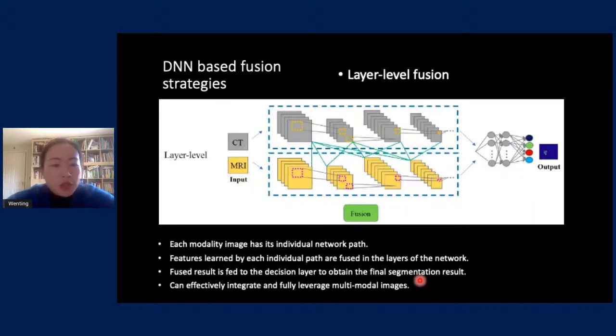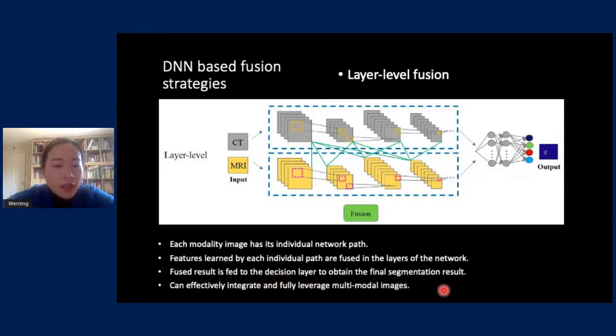Okay, label fusion. Each modality has its own individual network path. CT has a network path on the top, and MRI has a network on the bottom. Features are learned by each individual path, then they are fused within this network. They are connected to each other and share some sort of correspondence. The fused result is fed to the decision layer to obtain the final segmentation result.